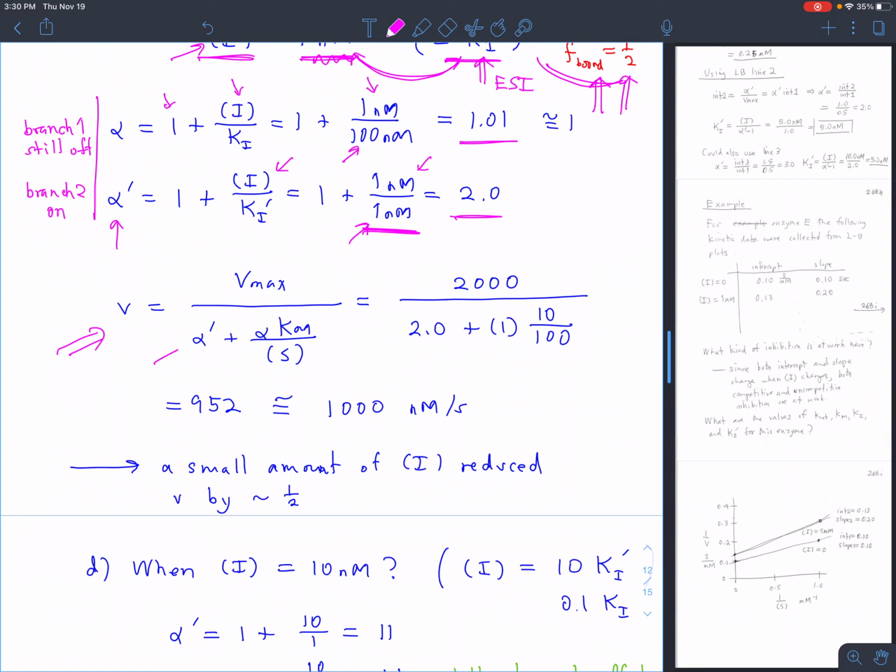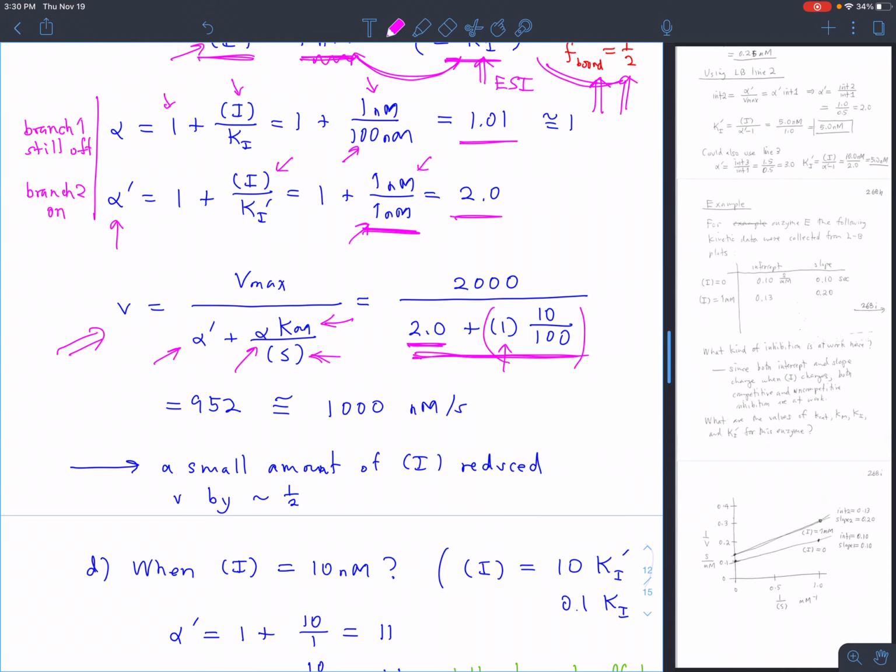Plugging the numbers in, alpha prime then is 2. Alpha is equal to, I'm just going to call it 1. Km is 10. S is 100, so we're nominally saturating. And that means that this term in the denominator is small, right? It's 1 times 0.1.